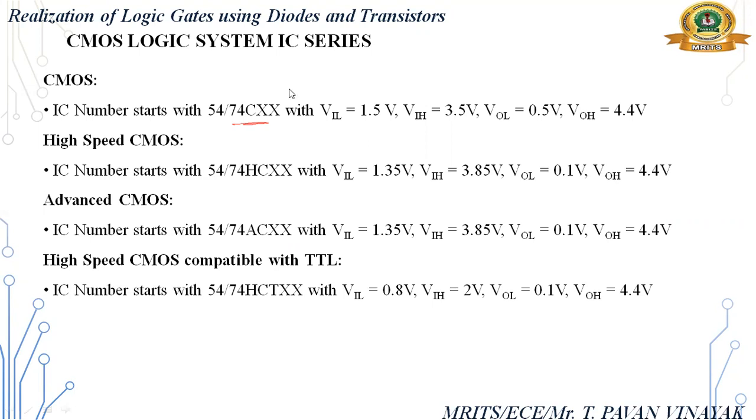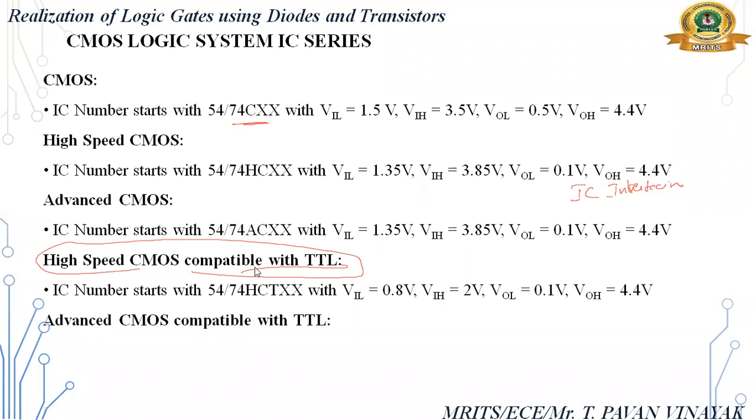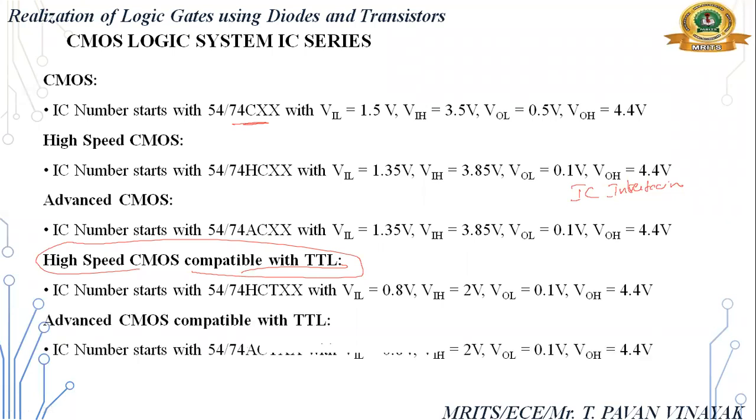You can understand what compatibility is in IC interfacing, the last topic of this chapter. Next, advanced CMOS compatible with TTL, we call it the 74ACT series.